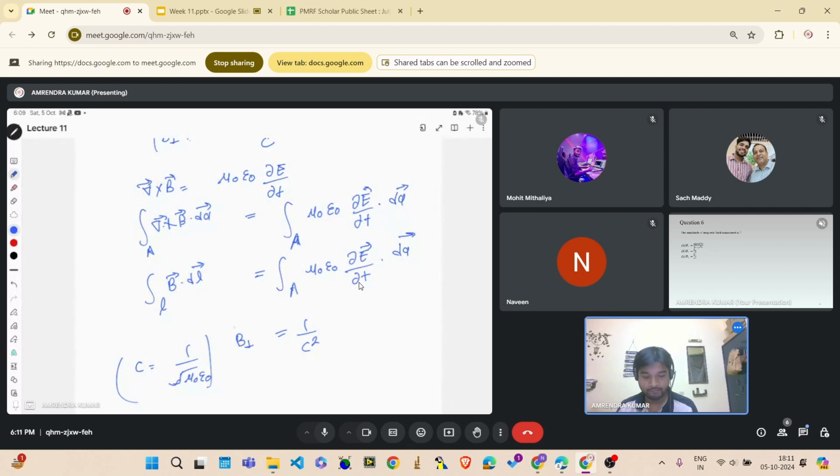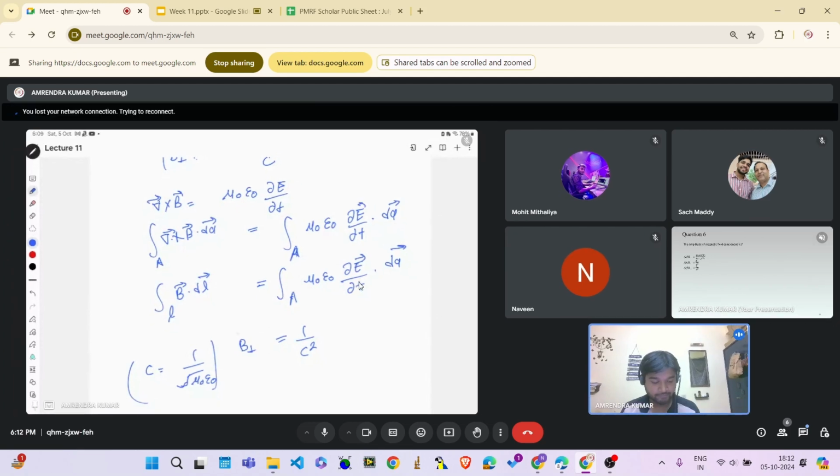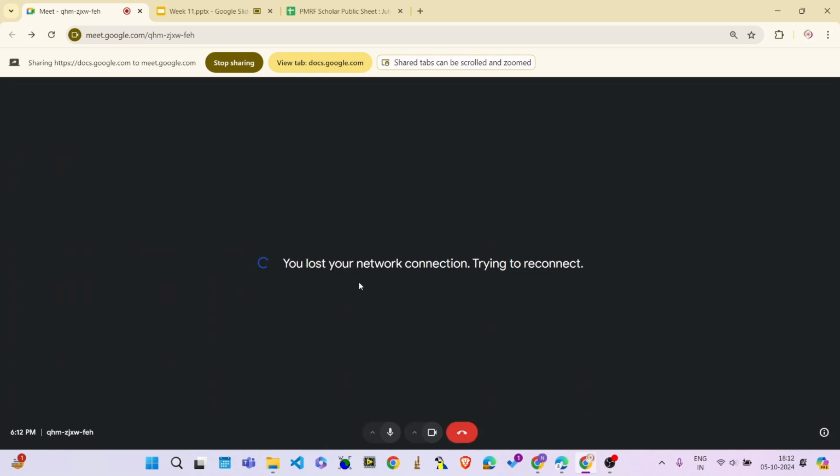So we can say it will be like B into this dl equal to the area. This is dx dy, dy dx e vector in z direction, so that comes out naturally.